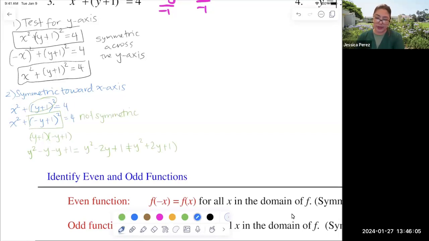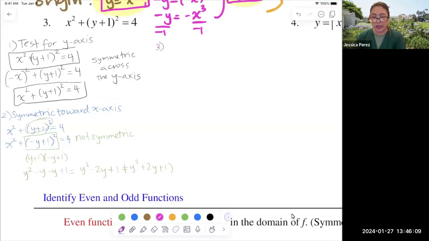And then, of course, the last one, we want to check if it's symmetric. Number 3, test for symmetry across the origin. But we already know the answer because we already know that the x failed. So we know that the x is okay, but not the y. So then plugging it in, negative x squared plus negative y plus 1 squared equal 4.